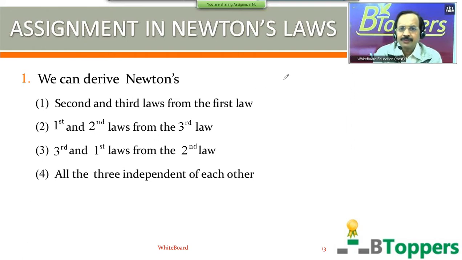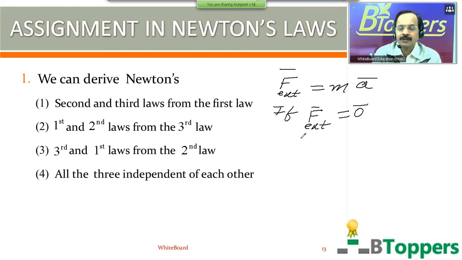Suppose the resultant of all the external forces acting on the body vanishes, I mean the magnitude of the resultant of all the external forces acting on the body is 0.